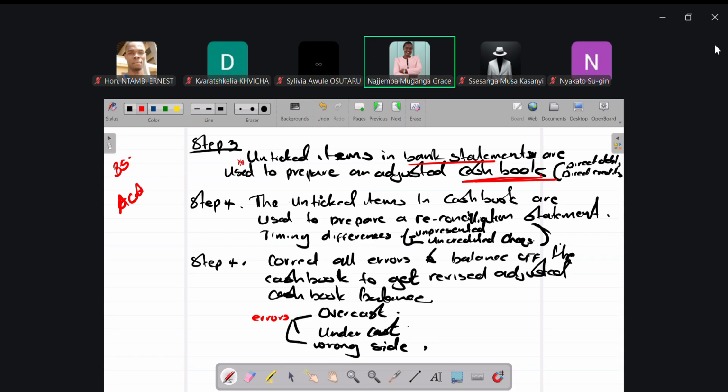So what remains unticked should be posted there. Then what remains unticked in the cash book is used to prepare a reconciliation statement. Correct all errors and balance off the cash book to get the revised adjusted cash book balance.